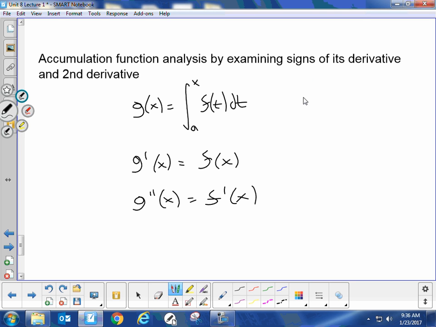We will be given information about f, but we can use that information to find information about g, which is also the same as big F.